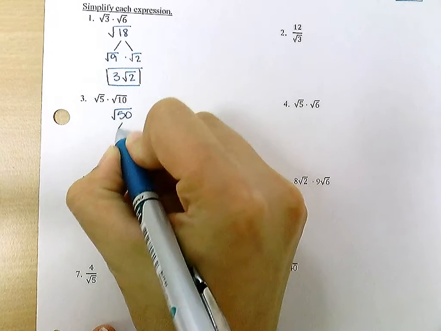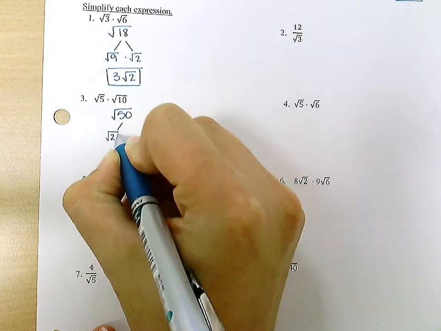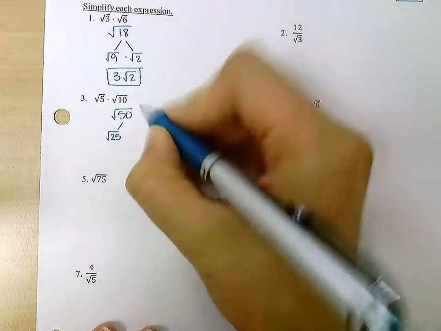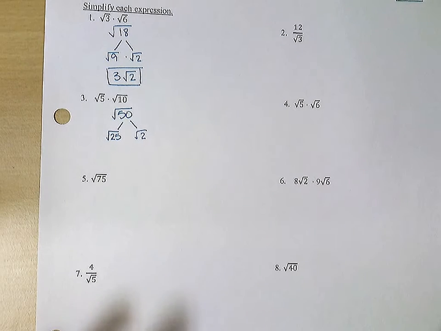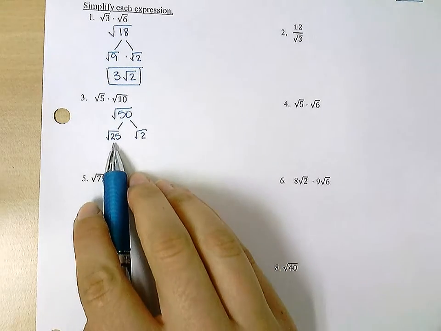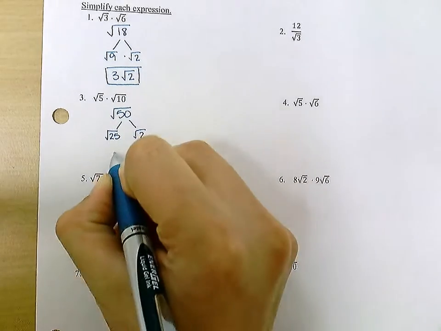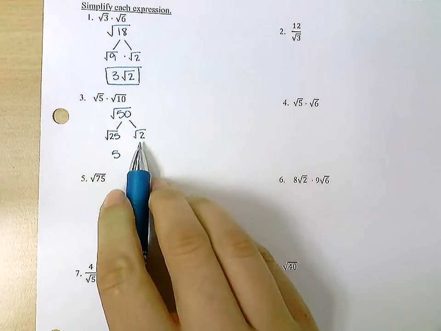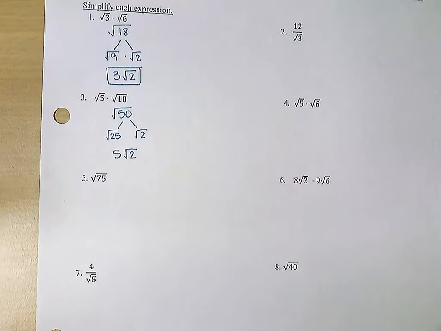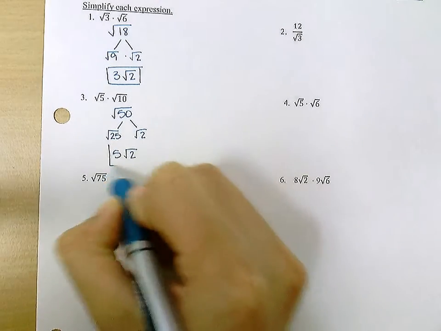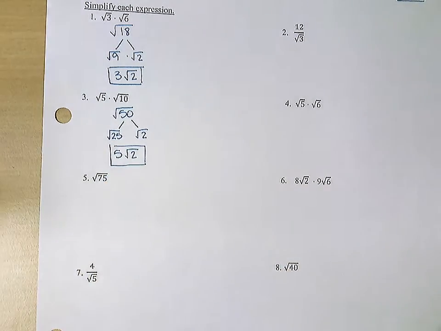It is 25. So I have the square root of 25 times the square root of 2. 25 times 2 is 50. Now I can take the square root of 25. That's 5. I can't take the square root of 2, so I leave it as the square root of 2.